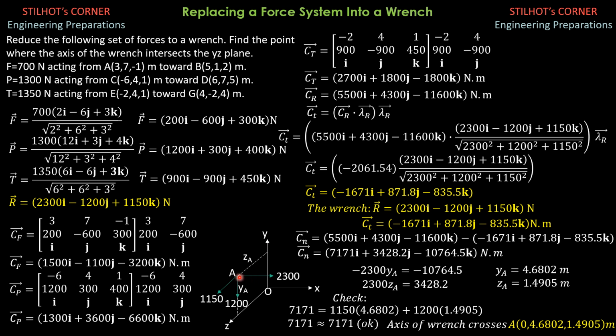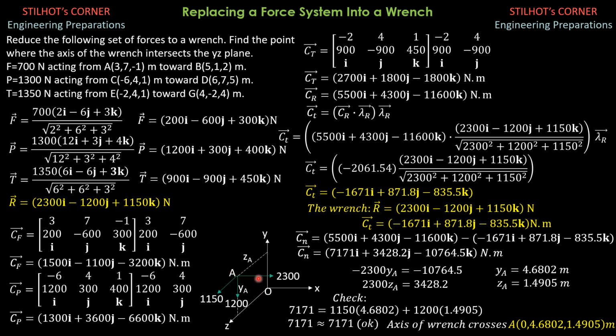So the moment of this force about the Z-axis is negative 2,300 times YA, and the moment about the Z-axis is negative 10,764.5, this normal component here.